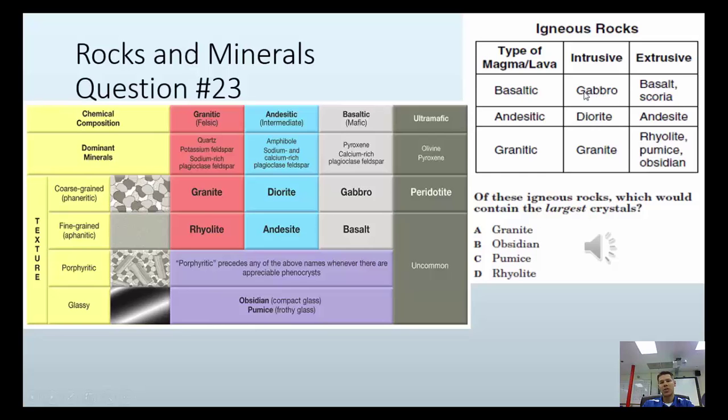So what we got to do is choose from the intrusive group. And luckily, our choice is simple. A, granite. The other three are all extrusive igneous rocks. Granite is the only intrusive phaneritic igneous rock that has crystal development. So our answer is A.